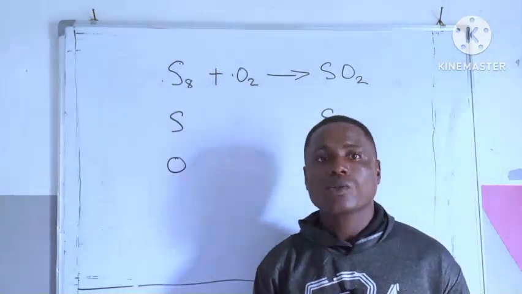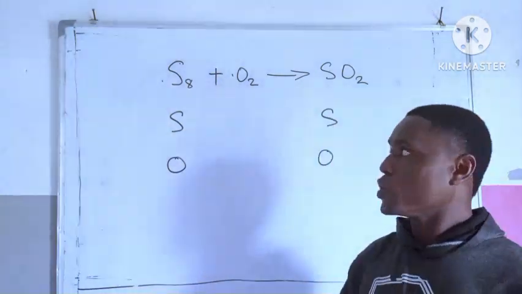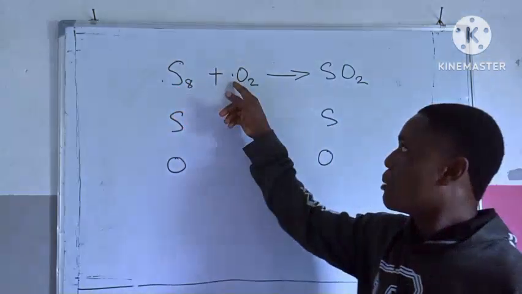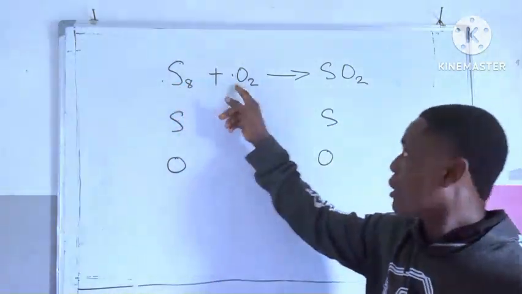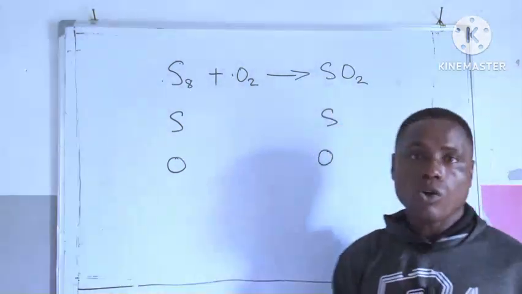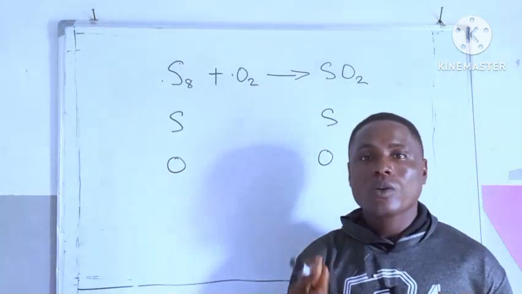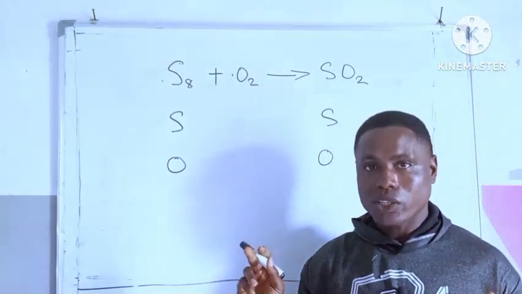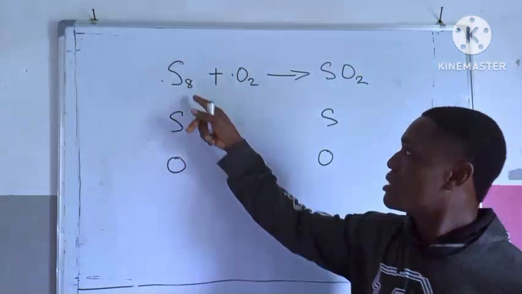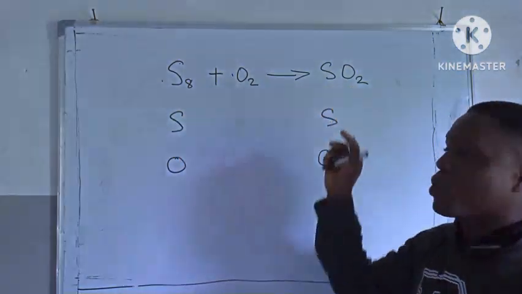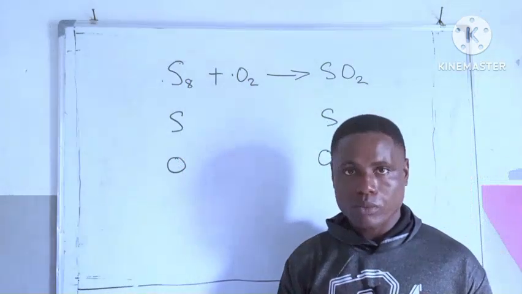That's why in some chemical equations, you will see numbers at the back of either elements or at the back side of a given compound. So meaning that only those numbers can be changed.